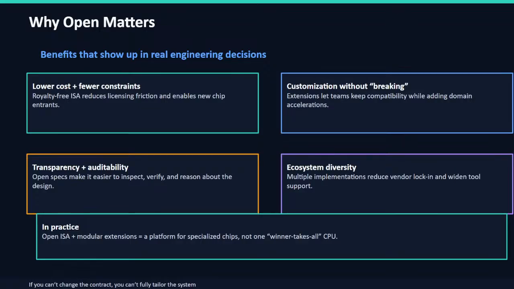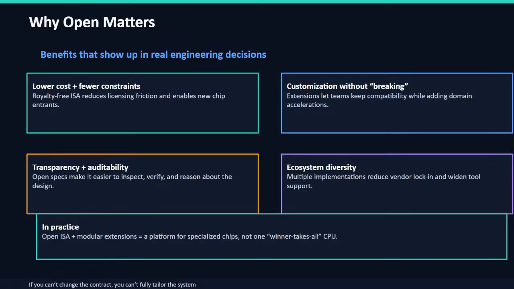Third, transparency. Open specs make it easier to inspect and reason about what the processor is supposed to do. Useful for security and verification. And finally, ecosystem diversity. Multiple implementations reduce vendor lock-in.